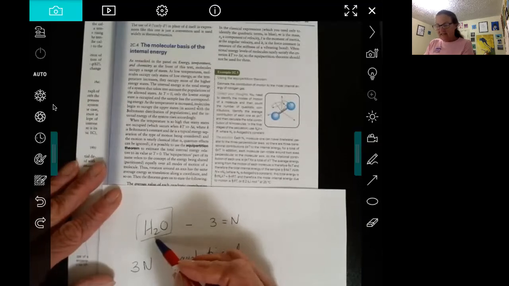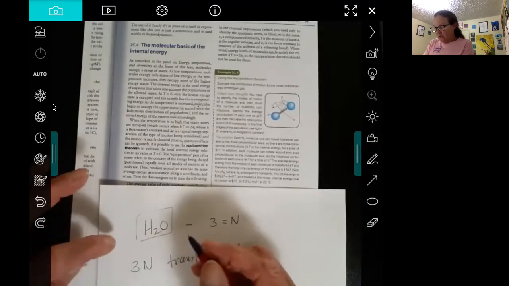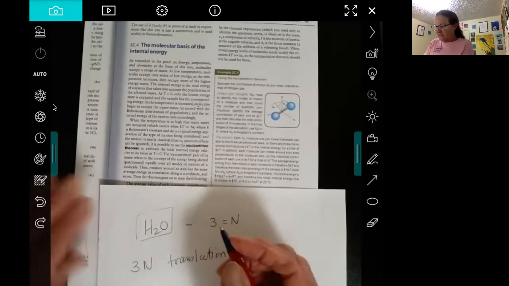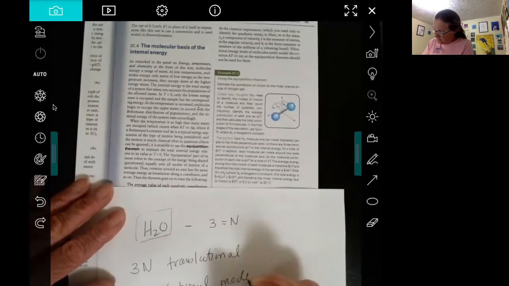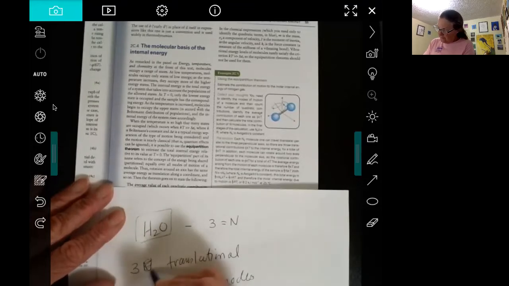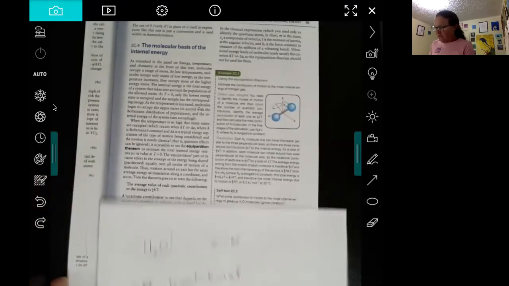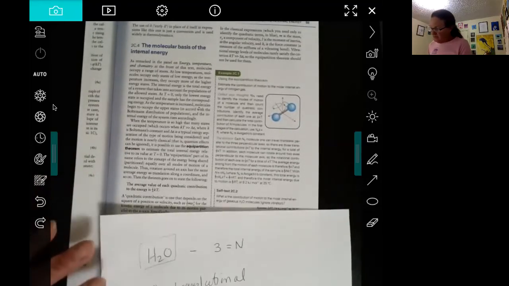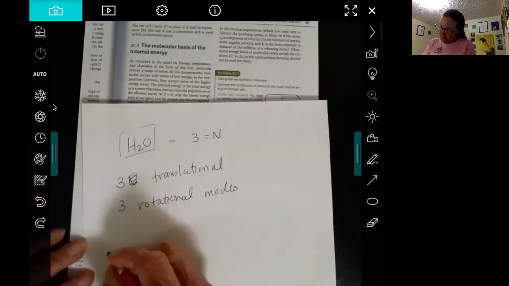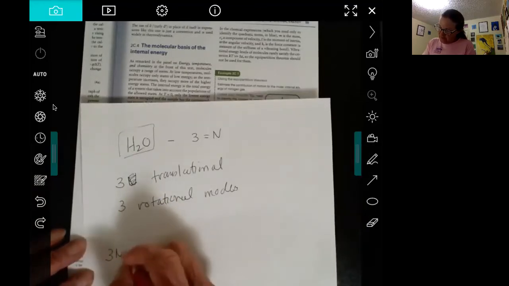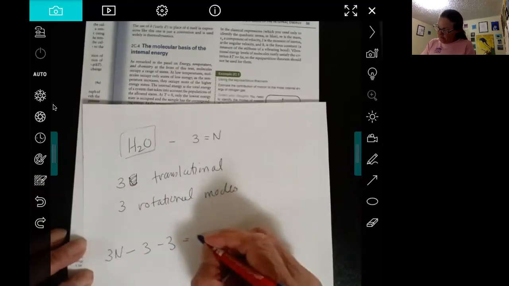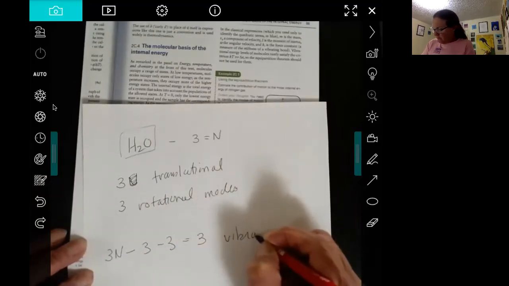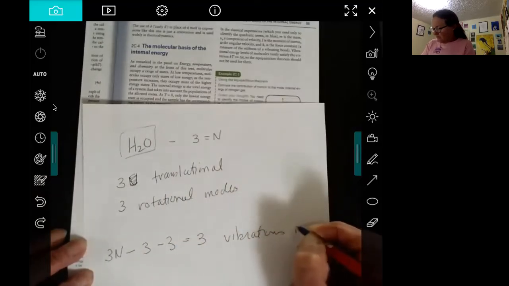So it's a non-linear molecule, so we should have 3 different rotational modes. And then it says to ignore vibrations. The total number of vibrations that we would have would be 3N minus 3 minus 3. So it would be 3 vibrations, but we're going to ignore those.